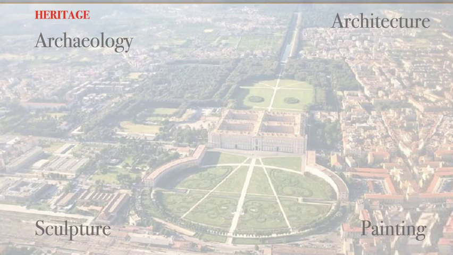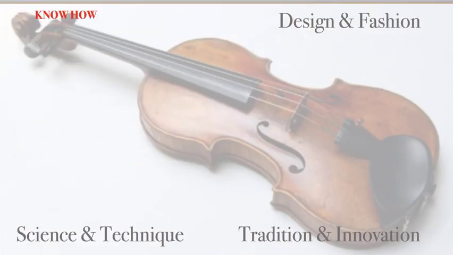Episodes and classes are related to a notion of heritage, which we'll discover in the Italian approach to archaeology, architecture, painting, or sculpture, to know-how, so in design and fashion, but also in science and technique, and also in a peculiar relationship between tradition and innovation, so the ability to retrieve in tradition the occult forces that once made it come alive, and to use them, channel them in the creation of new forms.